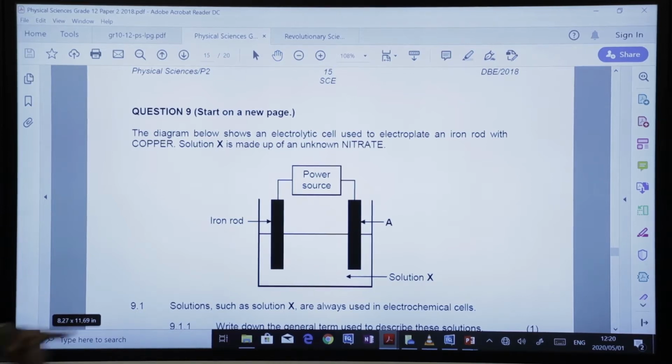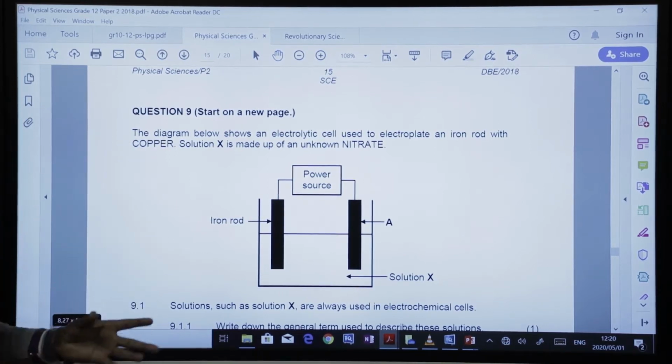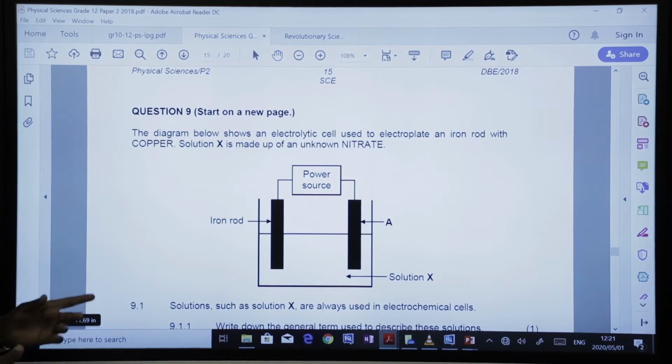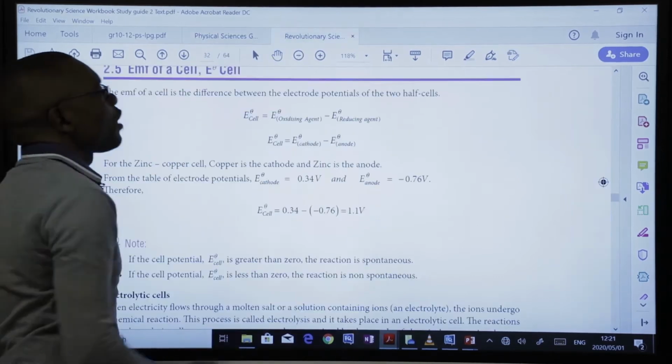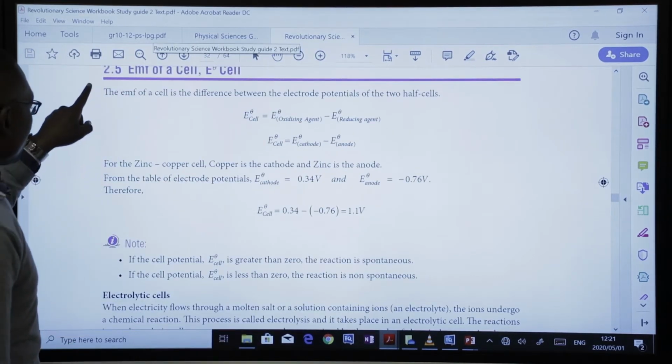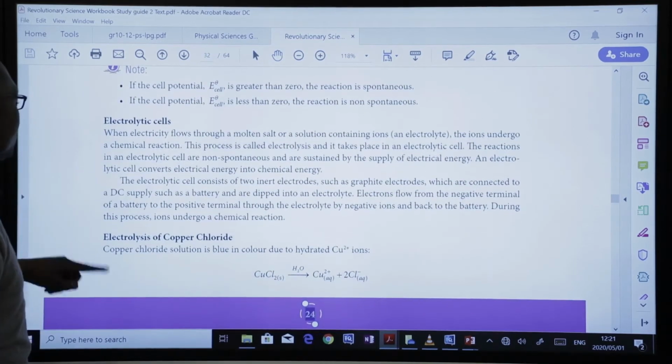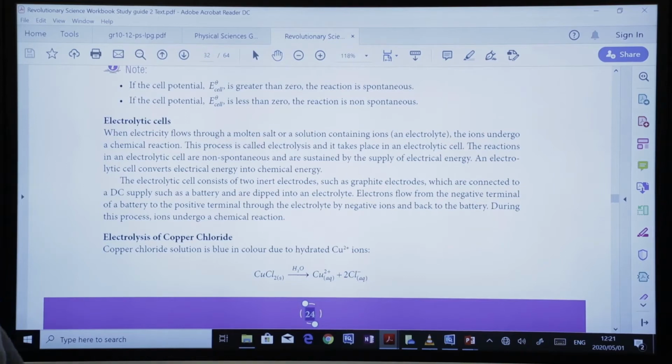Before we go into this question, I need to give you quick background information of what exactly is happening here. In our previous session, we were emphasizing more on galvanic cells. But remember, we distinguished that we have galvanic cells and electrolytic cells, or electrochemical cells.